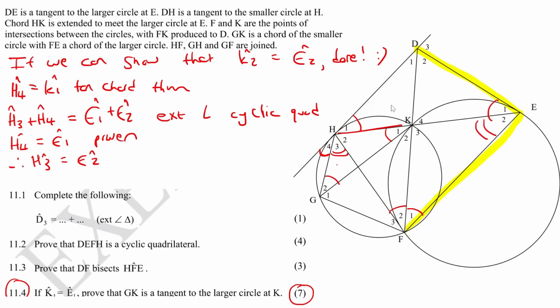But if you then look at this over here, and you just use angles on the same segment, what is H3 the same as? Well, H3 is the same as K2, and that's because of angles in the same segment.